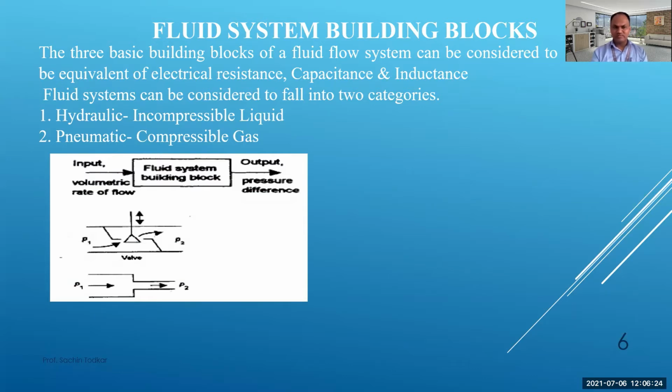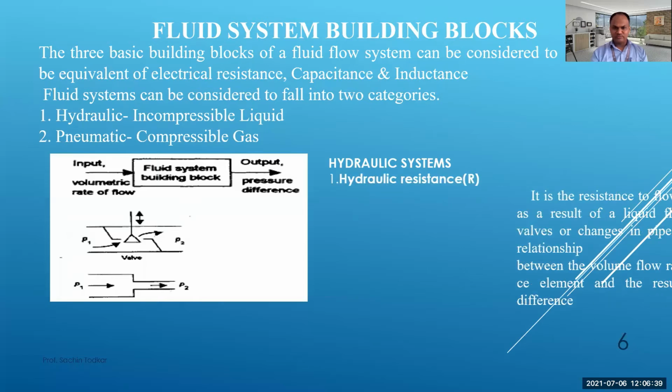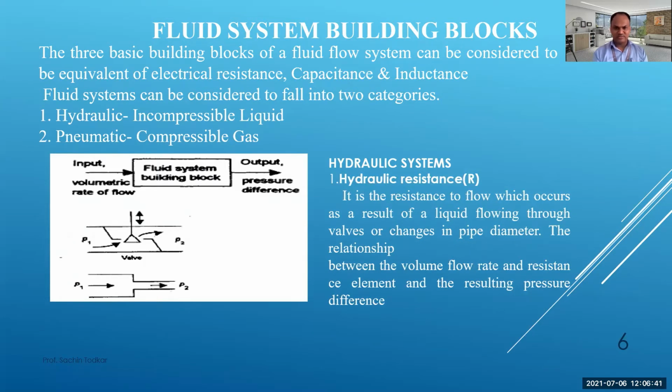So here there will be a pressure differential. P1 and P2 will be the pressure differential. In case of electric, there is a voltage differential. Then Q will be the volumetric rate of flow, and we are going to see what is hydraulic resistance. It is the resistance to flow which occurs as a result of liquid fluid flowing through a wall or change in pipe diameter.